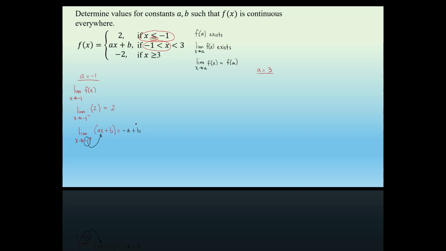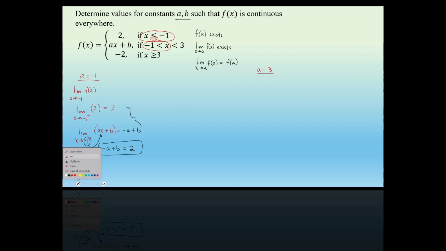Now, in order for the limit to exist, these two values must be equal to each other. So -a plus b must be equal to 2. So we have our first equation. Remember, two unknowns require two equations. So we have one.